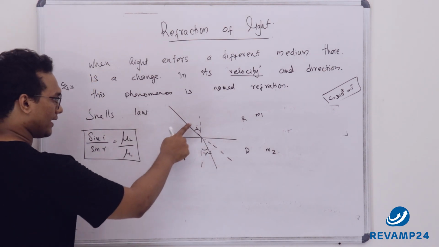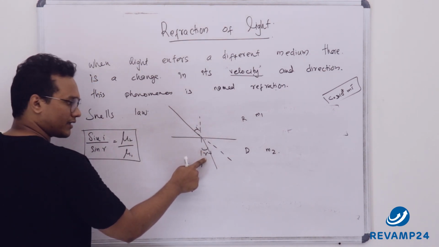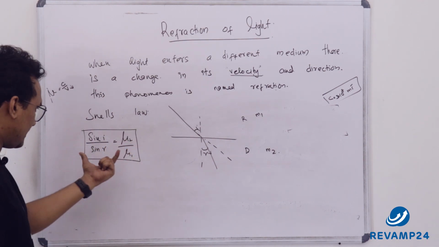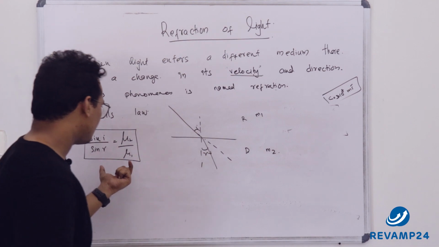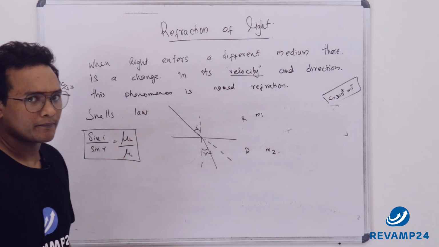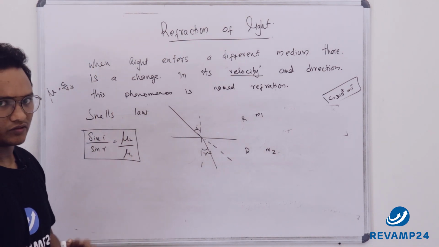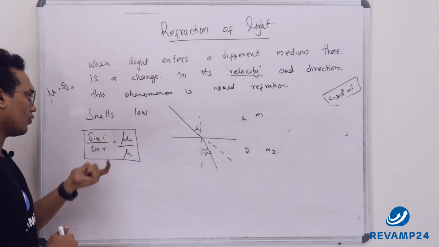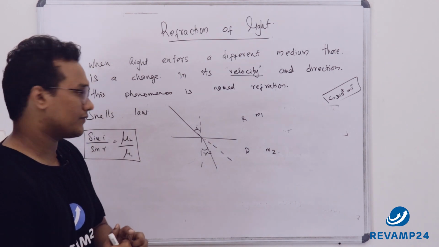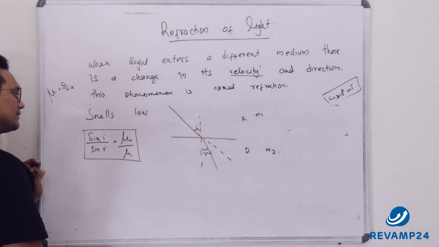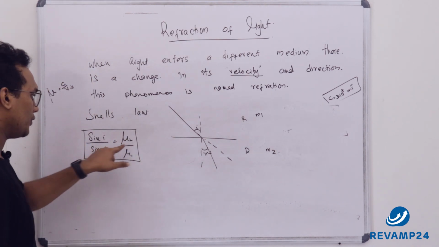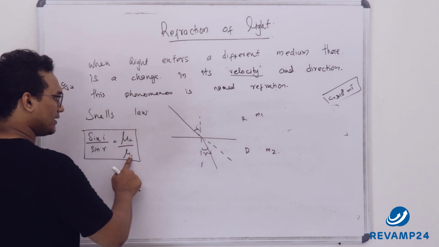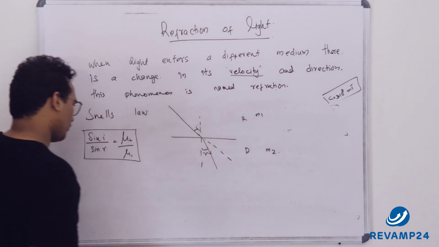This we have already proved in the chapter wave optics. You can go and refer to the video where I have proved with the help of Huygens wave theory that sin I by sin R is equal to mu 2 by mu 1. Mu 2 means the refractive index of medium 2 and mu 1 is the refractive index of medium 1.